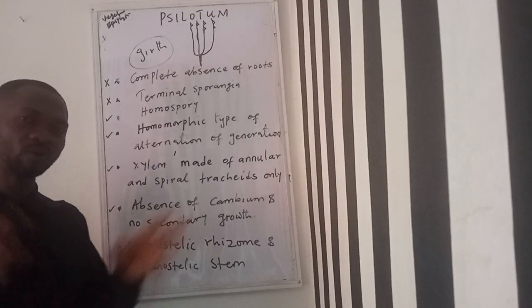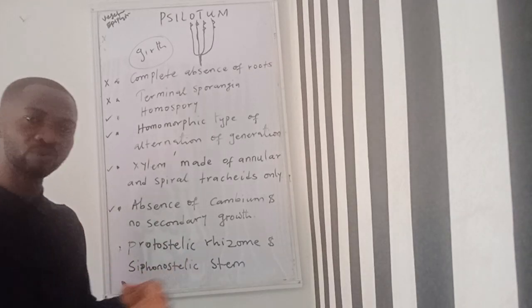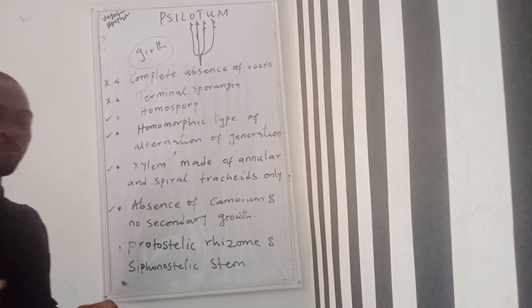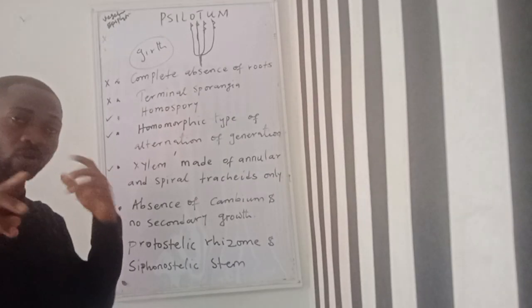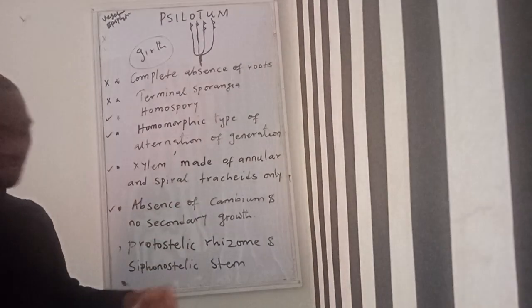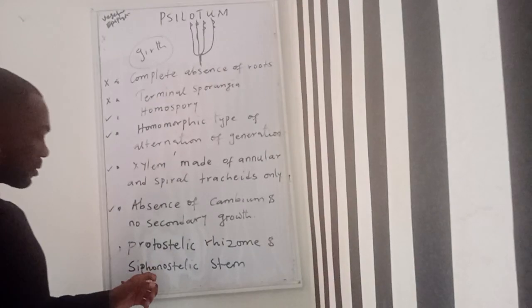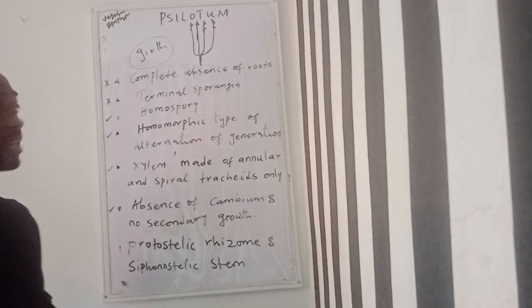All these are examples of the protostele, where there is absence of pith, so the xylem forms the central column and occupies the position of the pith. That kind of stele is found in the rhizome of Psilotum, whereas the siphonostele is the kind of stele that you see in the stem.